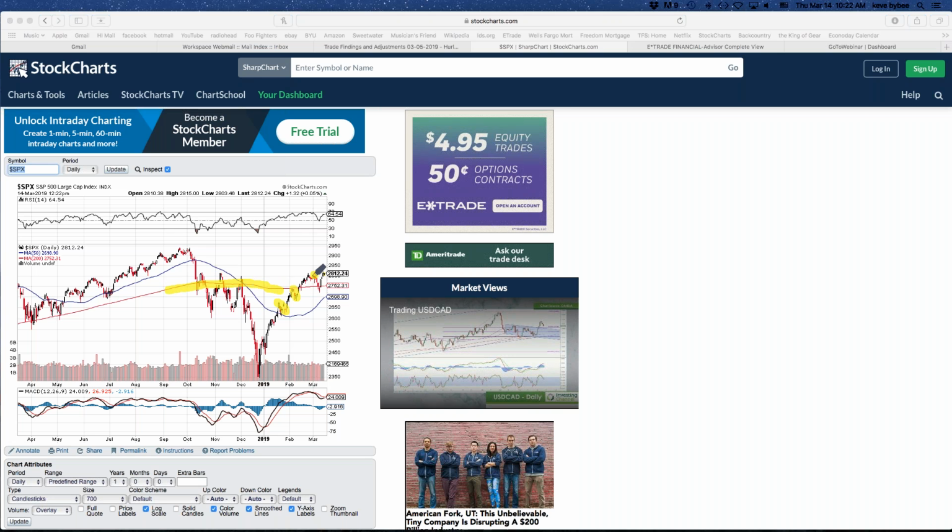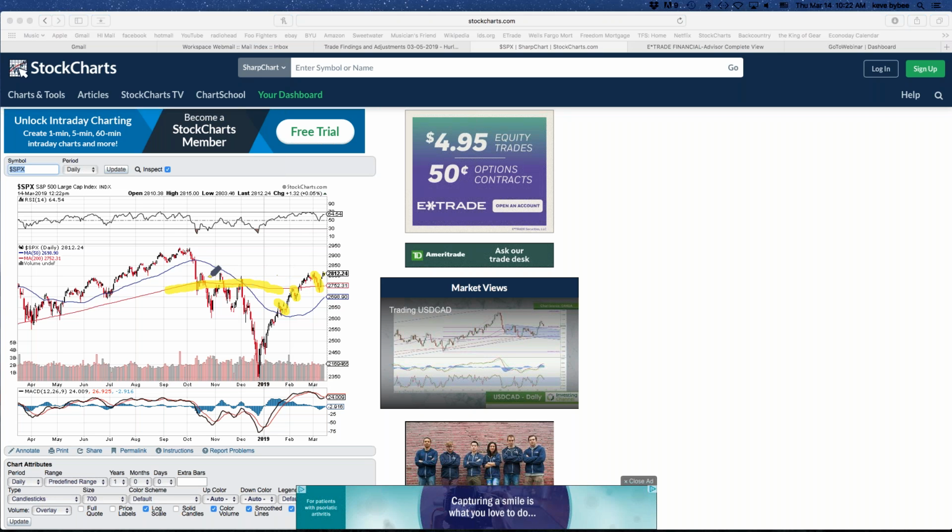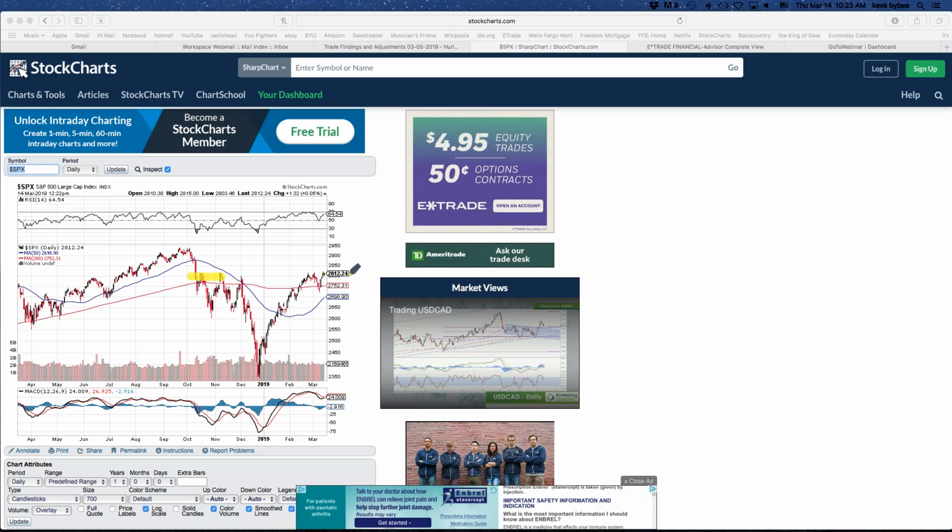And just last week, another test of the 200. Now we're up at this level of resistance, pretty much where we're at today, but it looks like we're starting to build a base here, at least over a couple of days.